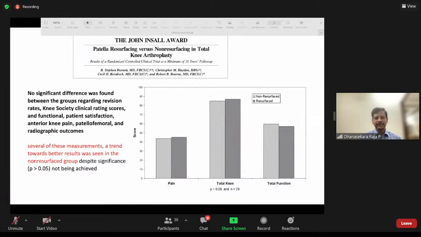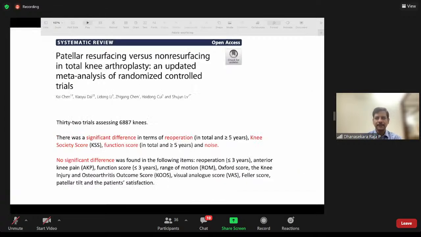It says that there is no significant difference between these two groups regarding revision rate, Knee Society scoring system, both clinical and functional scoring, patient satisfaction, anterior knee pain, and patellofemoral and radiological outcomes. But there is a small trend towards the non-resurfaced group. So, though it has not reached statistical significance, this paper says the non-resurfaced group is slightly better.